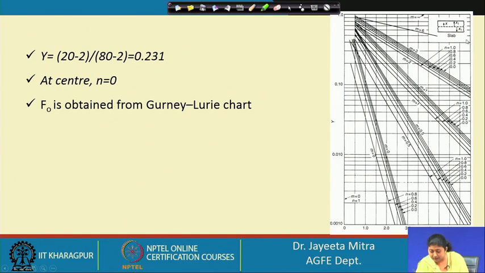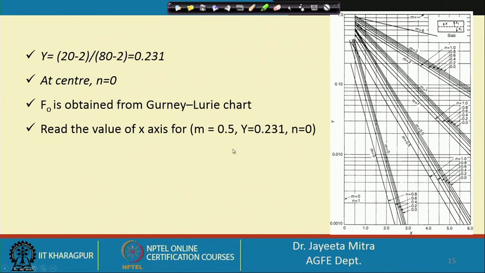So, this is for an infinite slab. So, here putting the values of y as 0.231 at the center where n equal to 0, we can find the Fourier number.